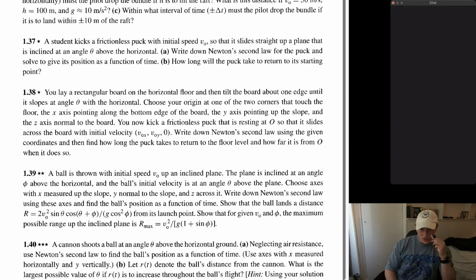Be negative mg. I actually don't know. Be negative mg cosine theta? I'm honestly not sure.